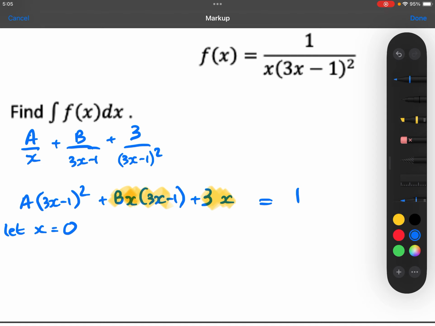To get a times 3 times 0 minus 1 squared is equal to 1. So 3 times 0 minus 1 squared is just going to be 1. So 1 times a is 1. So a is 1. So I can replace the a here with 1 and the a here with 1.